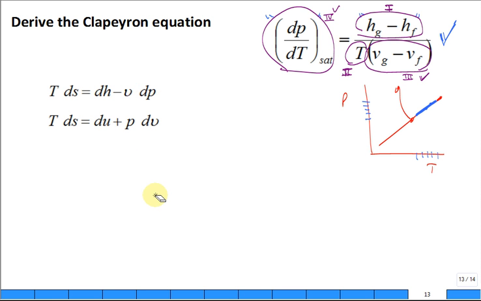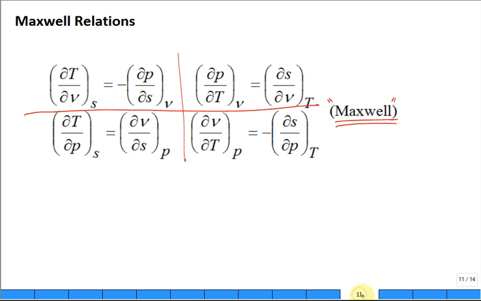Actually, let me back up. Let's start with one of the Maxwell relations. What we want to do is look for this one right here. This may not look like the key starting spot for this derivation, but it's very useful.